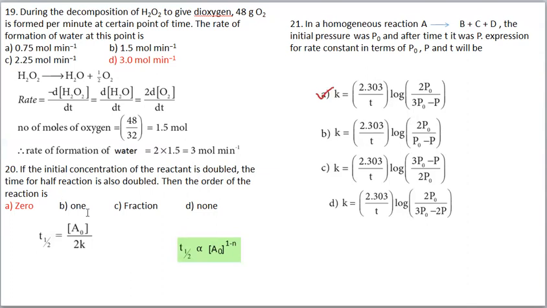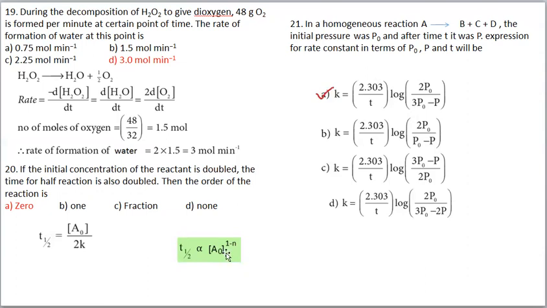The important relation here is the general expression for the half-life period: t half is directly proportional to the initial concentration of reactant to the power 1 minus n. When the initial concentration is doubled, the time for half reaction is also doubled.